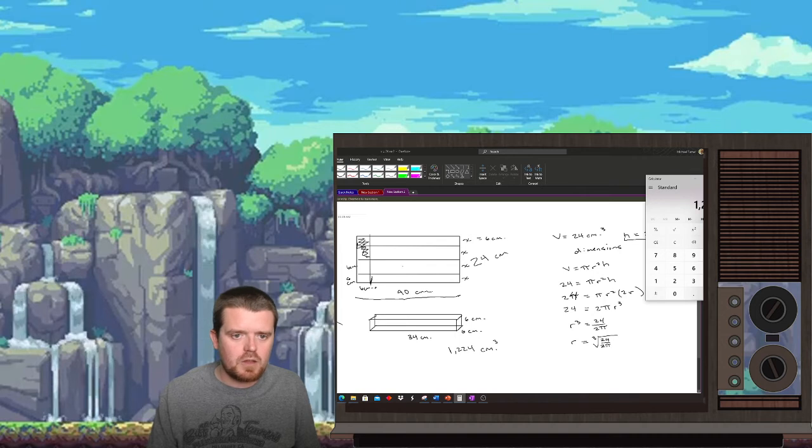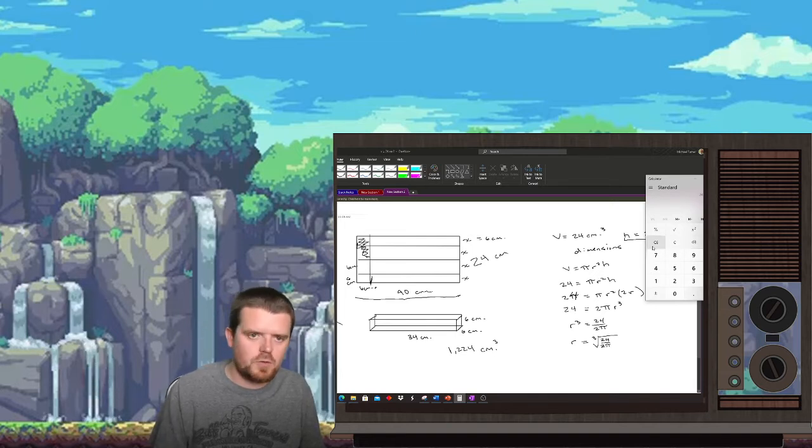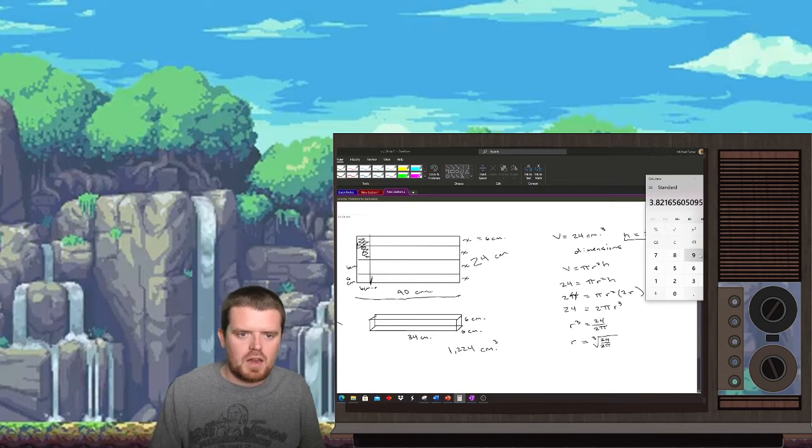So again, with the calculator, let's do 24 divided by 2 times pi. Okay, and then I want that cube root.